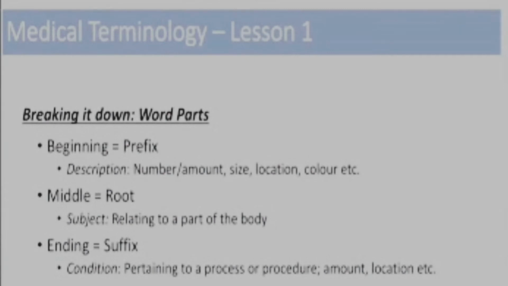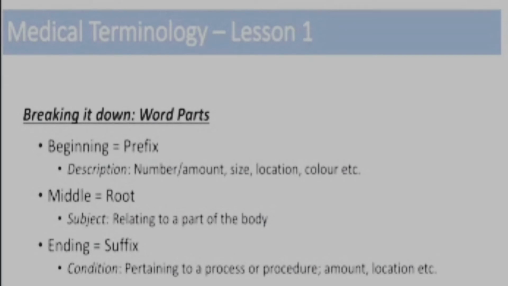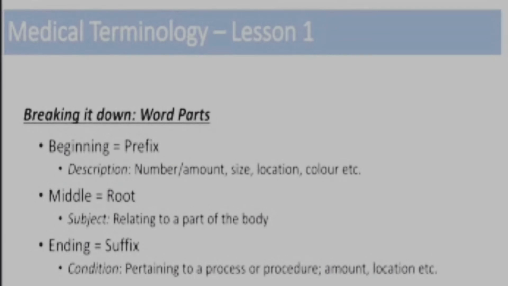It can be size, like micro, macro. It can be location, like gastroenteritis, where it is located, and also colors, because we need to know the colors of those cells, like erythrocytes.